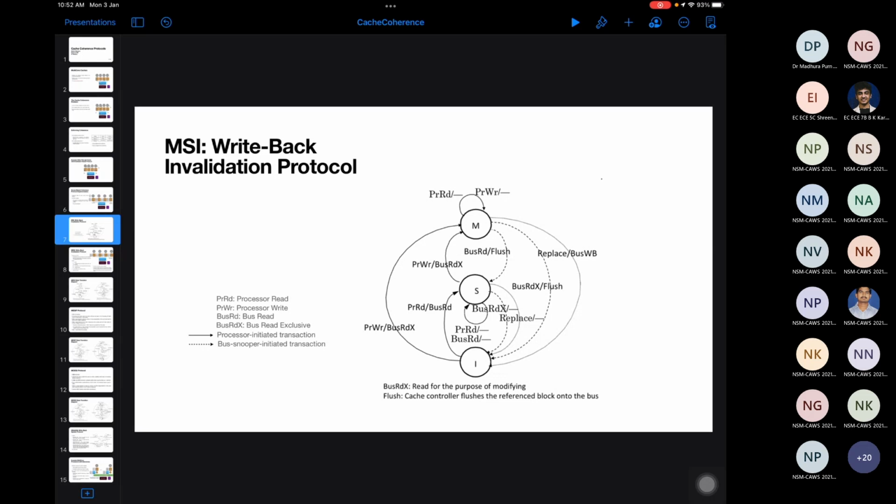What could be the state of that particular block in core 2 after core 1 initiated a read transaction? Any idea? The scenario is core 1 is not having the data, but core 2 has the data in a modified state, and core 1 wants to read it. What could be the state of the core 2 block?